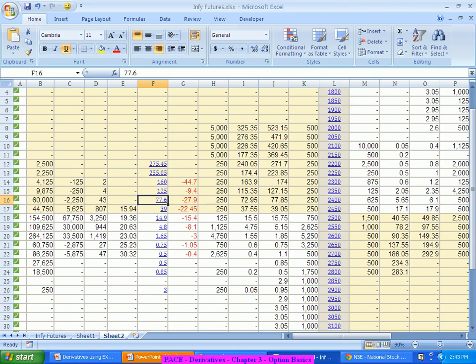As per our assessment, it is worth only 70, whereas in the market, it is available at 77.6. So it is available at a higher price than our valuation. So the better scenario is to sell it, because it's available at a higher price than what we feel for it. If it is at a lesser price than what we feel for it, better buy it.